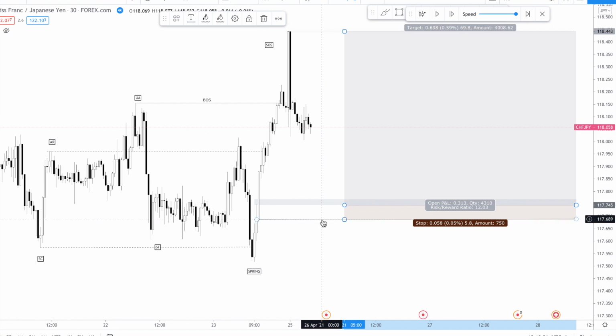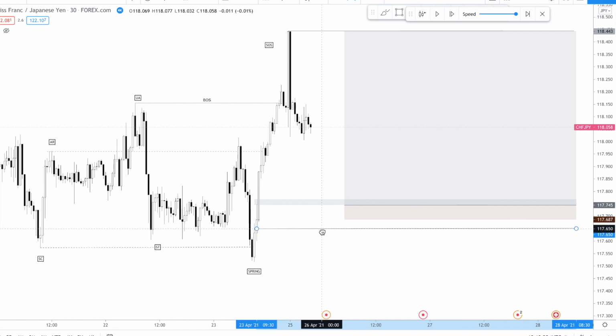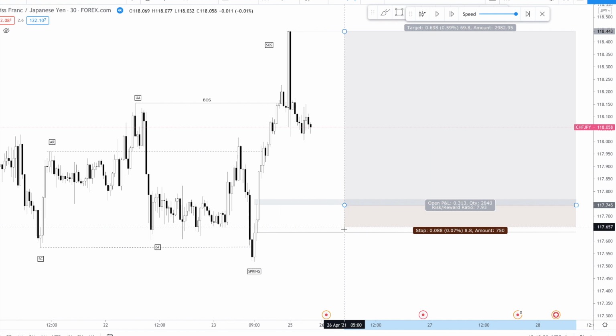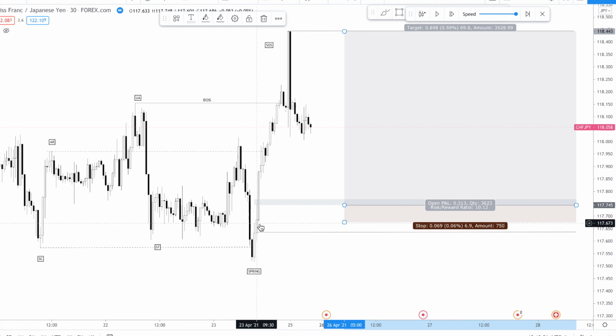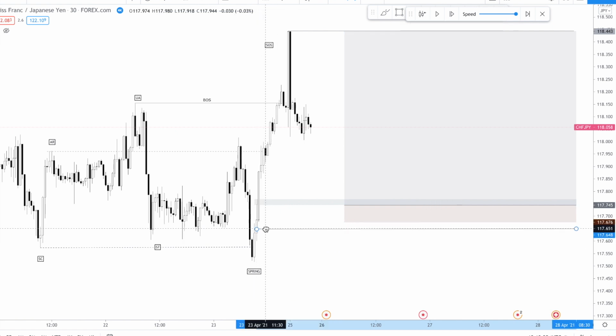Now, because I have extra room, sometimes I will throw it down to something that's going to give me a $1 to $10 because I can afford it. Well, this gives me a $1 to $6, so I'm definitely not going to do that, but I will give myself extra room to use the wick right here, which gives me a $1 to $10.